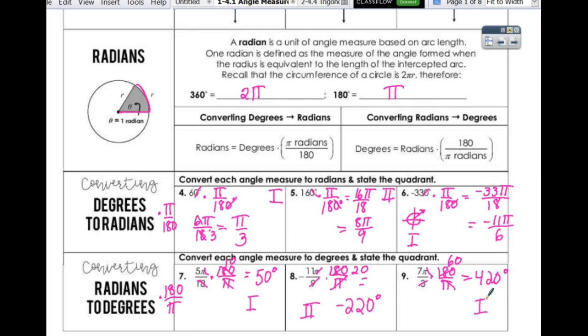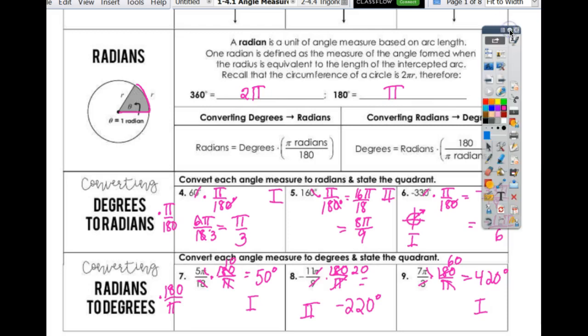So listen, so far we've done the initial and terminal side. So the initial side is on the x-axis and the terminal side is your final side. Degrees to radians, you're using 180 over pi or pi over 180, right? So we have these three things left to do today. 3. 420.